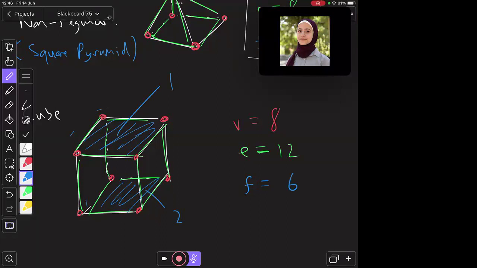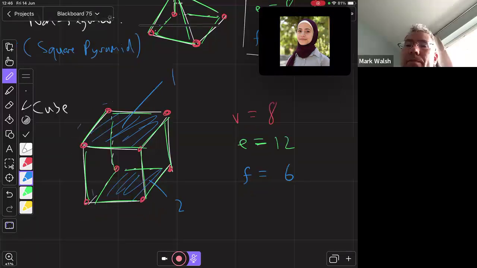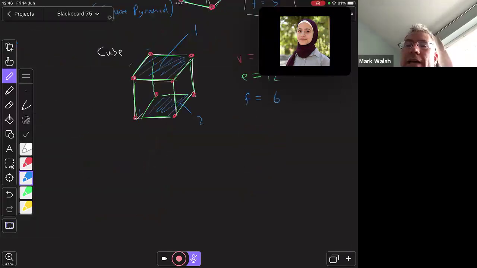Yeah. Let's do one more of this. I'm going to build a little house here. I'm going to make one that's a little bit funny. It's going to have the cube with the square-based pyramid on top.